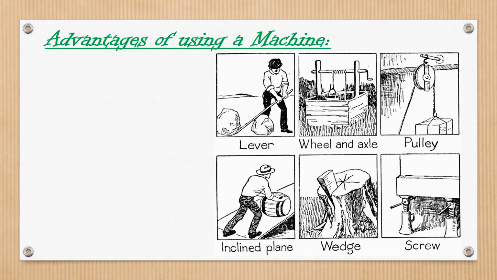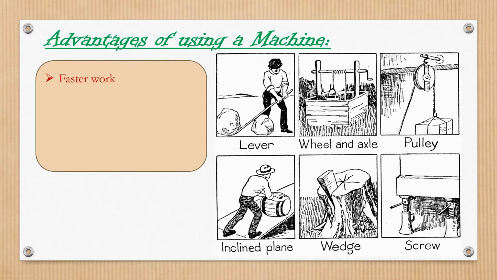Now what are the advantages of using a machine? The advantages are, first, faster work. A machine requires less time to complete a task as compared to manual work. Then accurate work. The work done by a machine is more accurate than the work done manually.